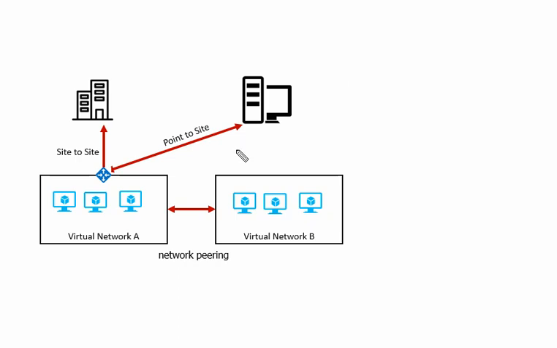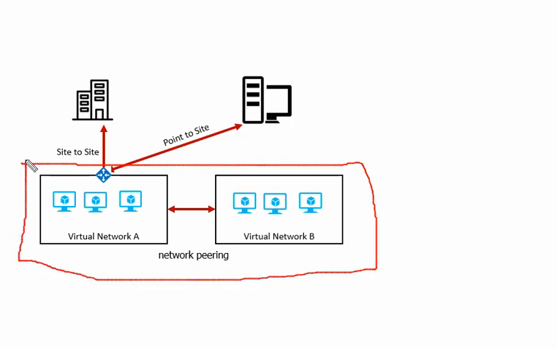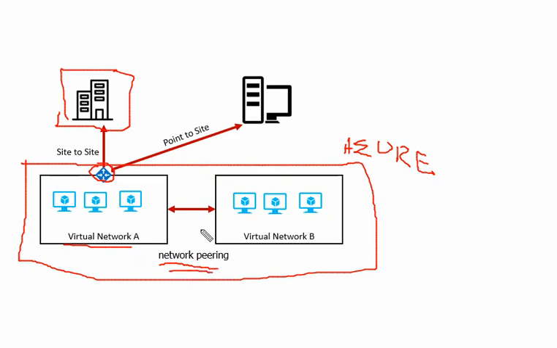As per our question, this is our diagram. If you mark a line between these, we can see that this is the Azure environment, and this is our site. These both are connected through the VPN gateway on Azure Virtual Network A, and Virtual Network A and B are connected through network peering.